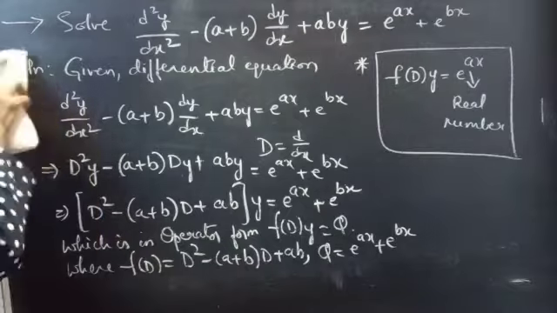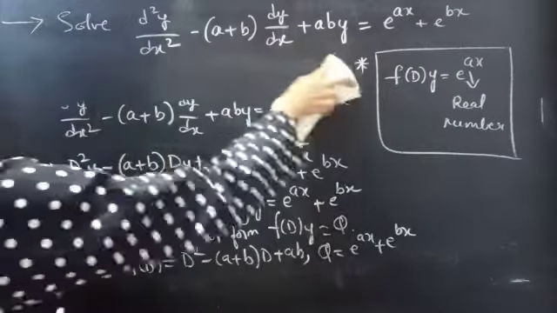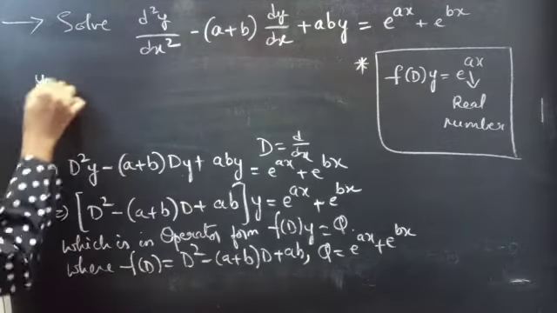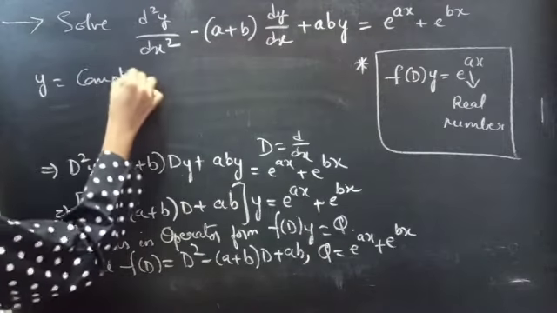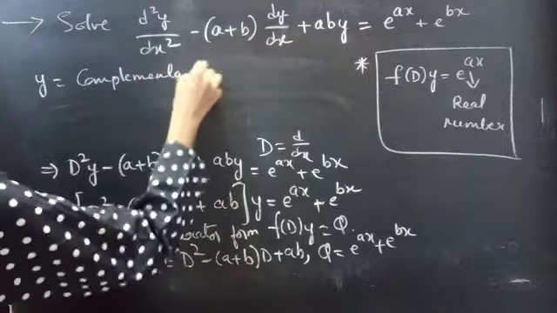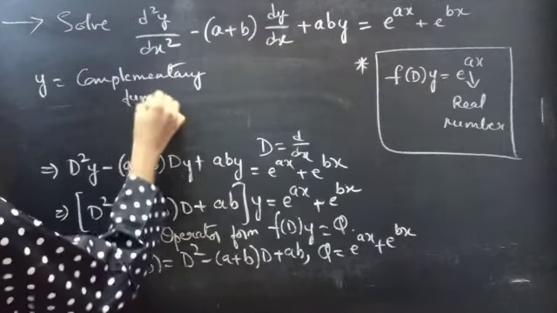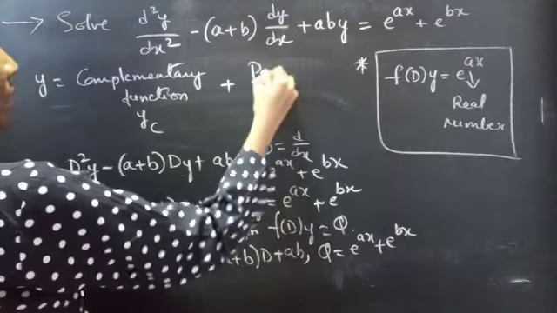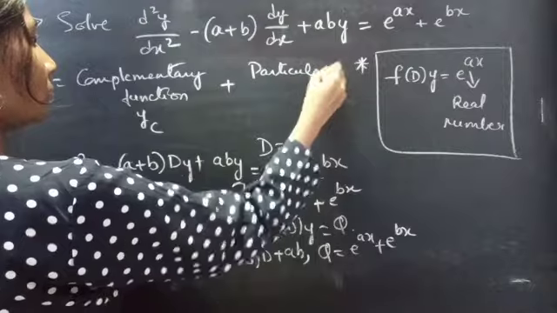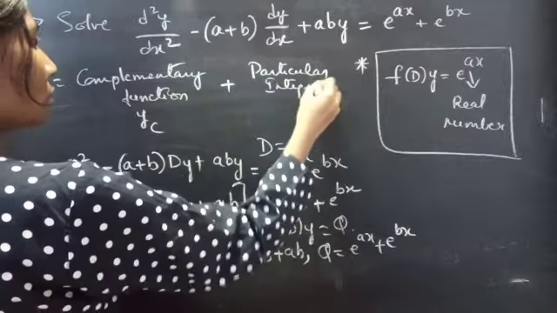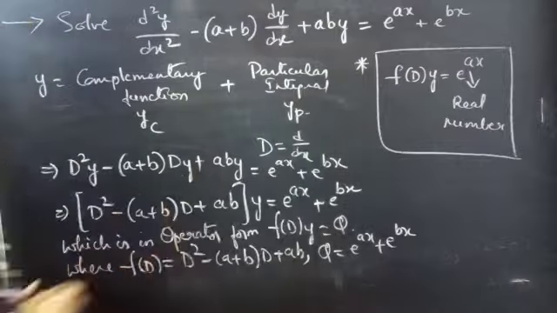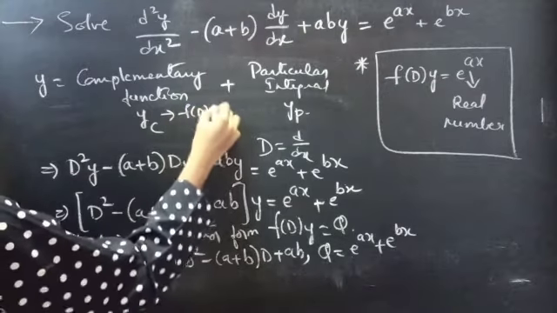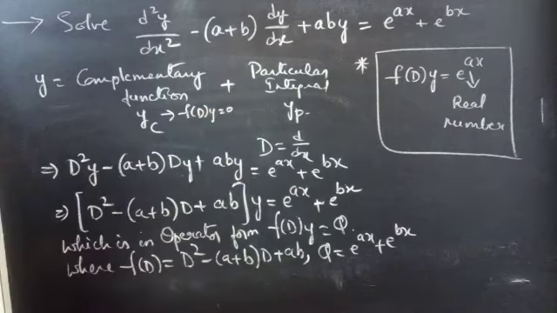Now we'll find the solution to the given equation, and the solution is given by y equals complementary function, which we name yc, plus particular integral, which we name yp. We'll get yc from the auxiliary equation of f of D into y equals 0.